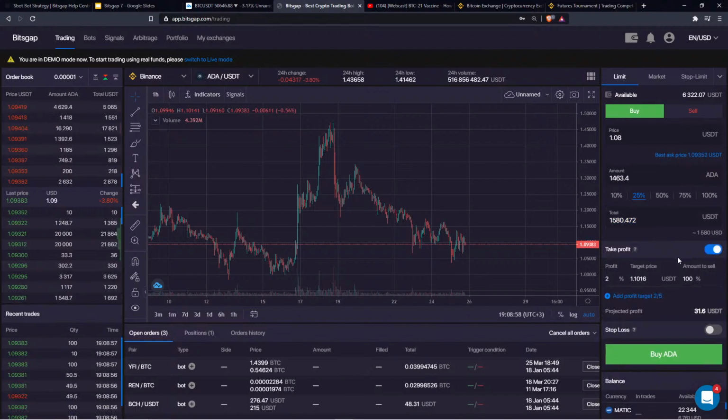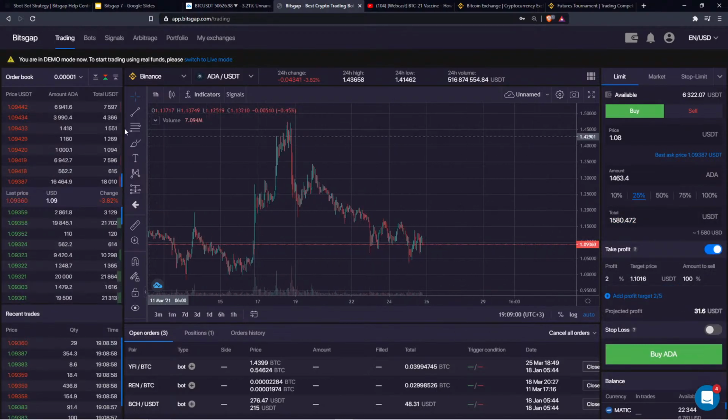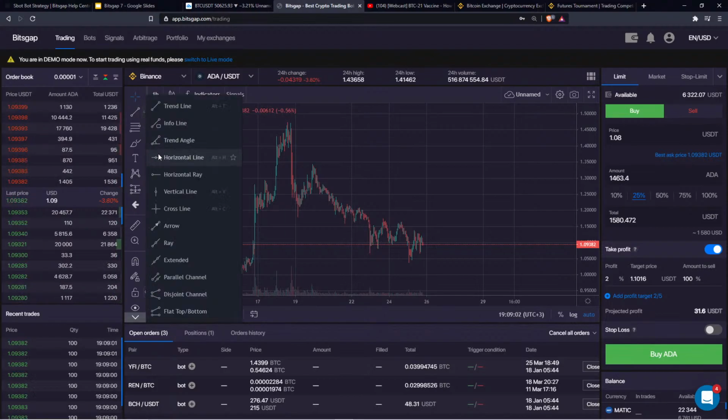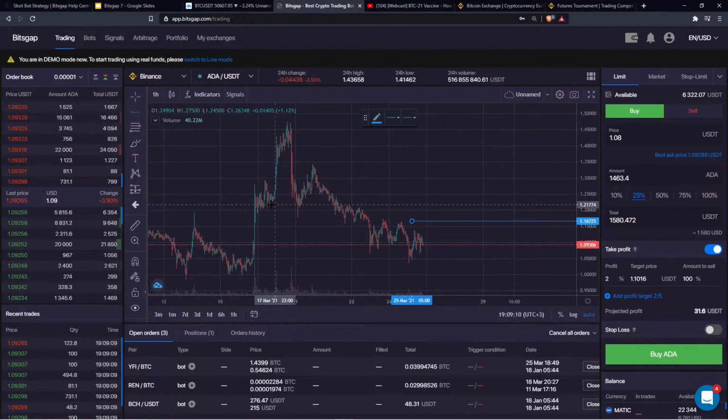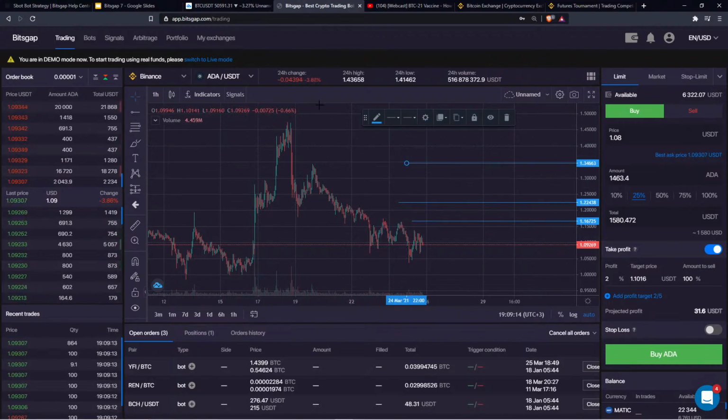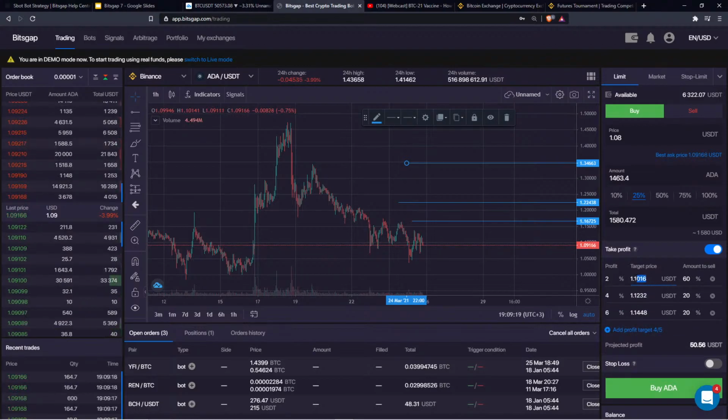And here I can set multiple take profits. So let's assume that I think it makes sense to sell, like the first sell target here, the next sell target, let's say here, and maybe the next one over here. And the cool thing about multiple take profits is that you can set them right here.